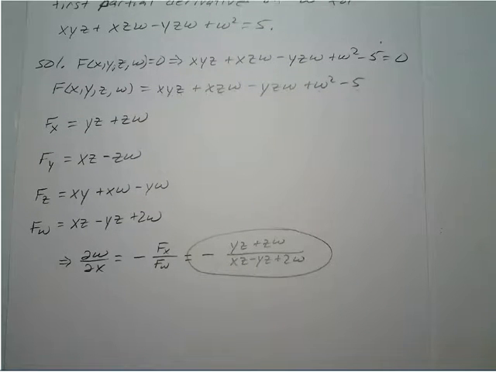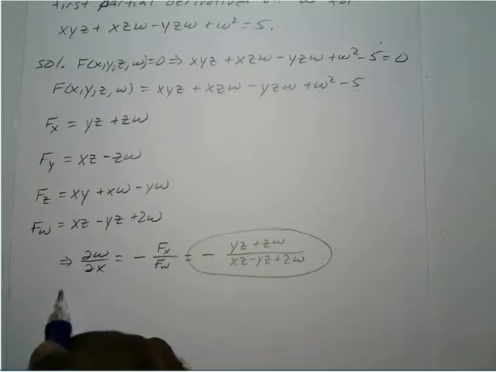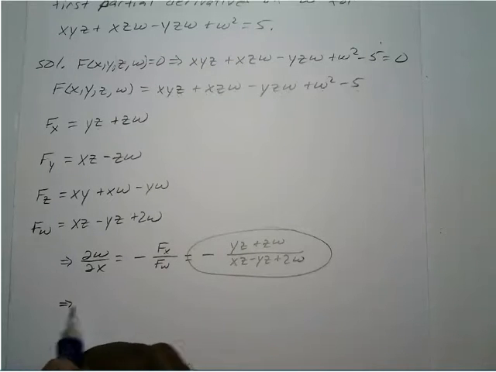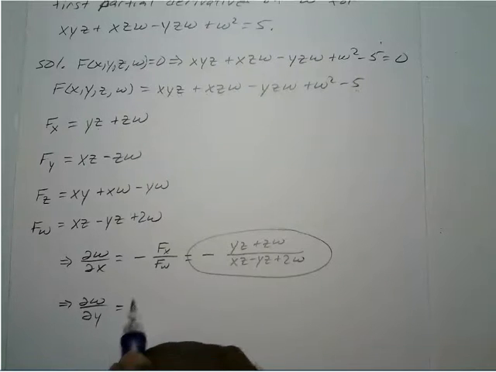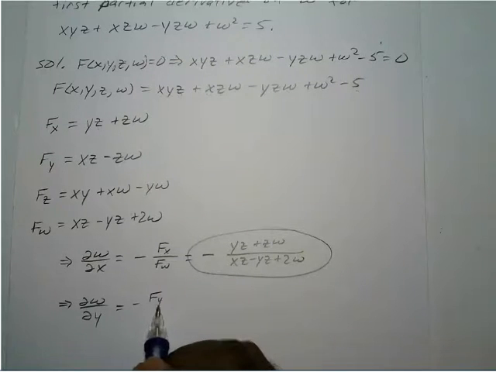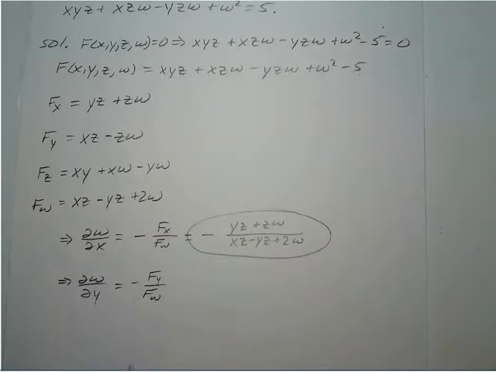Next we have the partial of w with respect to y, which is equal to negative partial with respect to y over partial with respect to w. Hopefully you're starting to see the pattern of how these go. With respect to x, you have the partial with respect to x on top, w on the bottom.